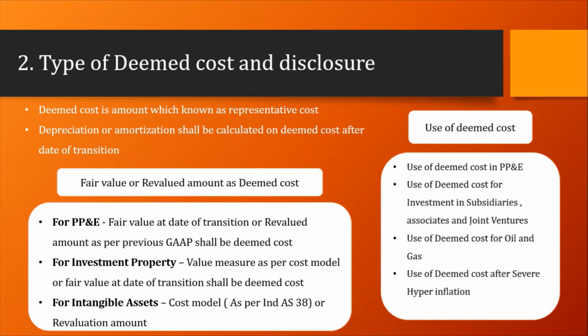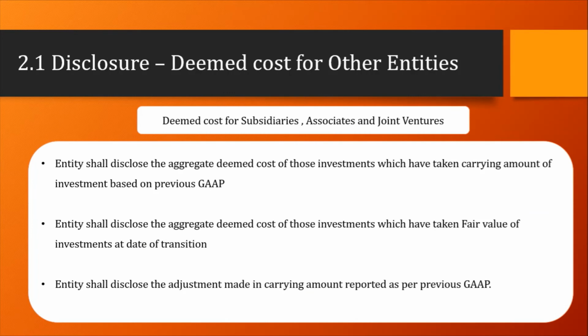Then for investment property, they have to value their investment as per the cost model or fair value at the date of transition, whichever is suitable for them. For intangible assets, either they may use the cost model defined under Ind AS 38, or the revaluation amount based on the previous GAAP. So it is up to the company what it elects to consider as deemed cost.